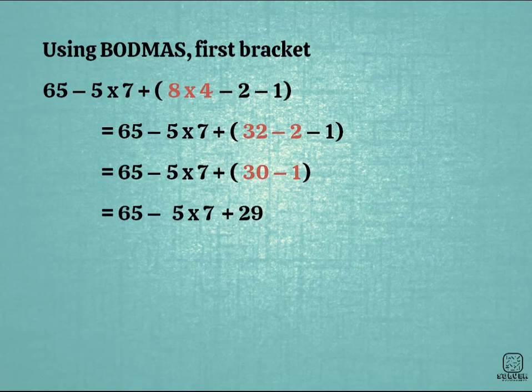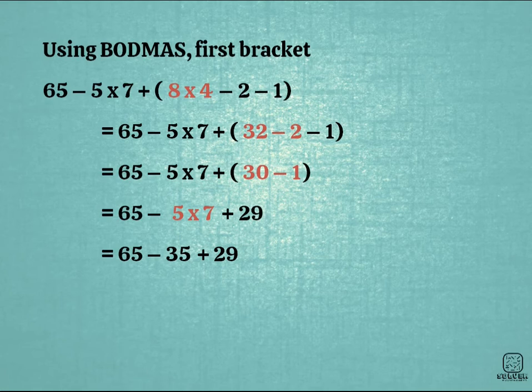So 65 minus 5 into 7 plus 29. Now there is subtraction, multiplication and addition. Again use Bodmas and we need to do multiplication first. So 5 into 7 is 35. Then there is subtraction and addition.